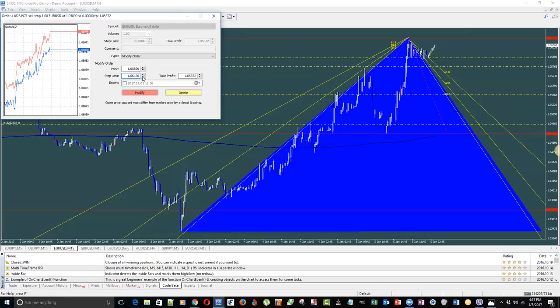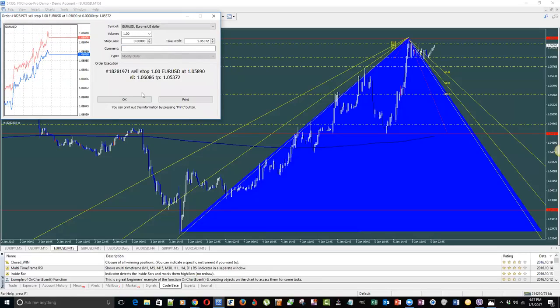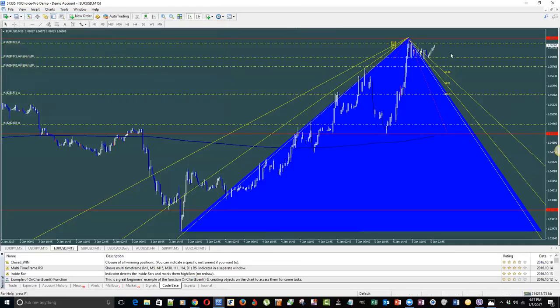Should I place it right there? I can even go. All right, let's go around there. All right, bam. So it's right inside of that channel, right? It's a pretty moderate stop loss. So if your trade is taken out, you lose 196.